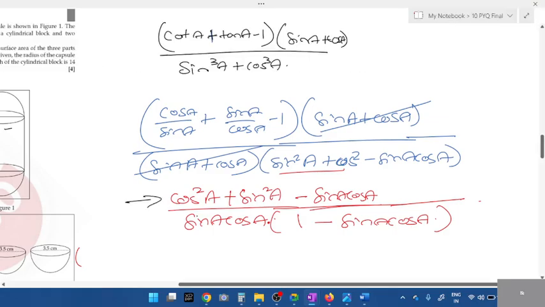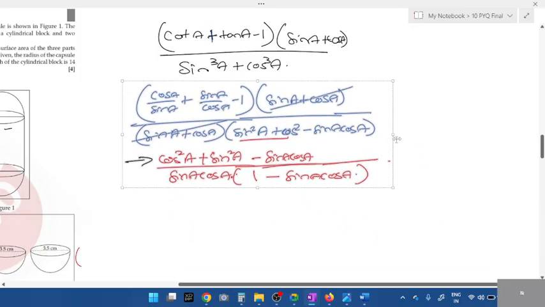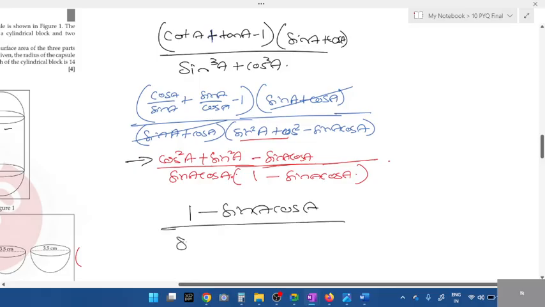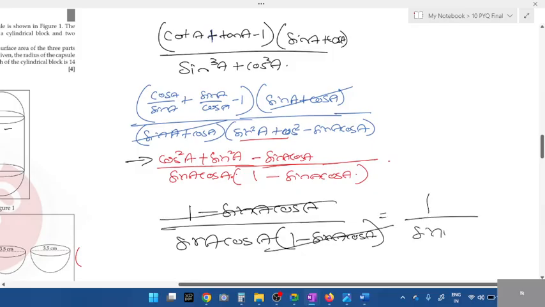This part is also 1. Using the square relation, the numerator is 1 minus sin A into cos A divided by sin A cos A into the same 1 minus sin A into cos A. This gets cancelled. 1 divided by sin A into cos A is written.